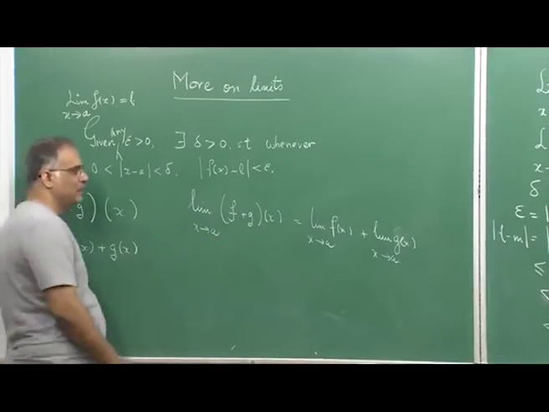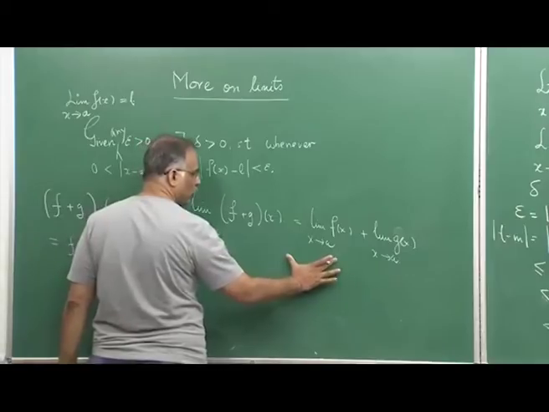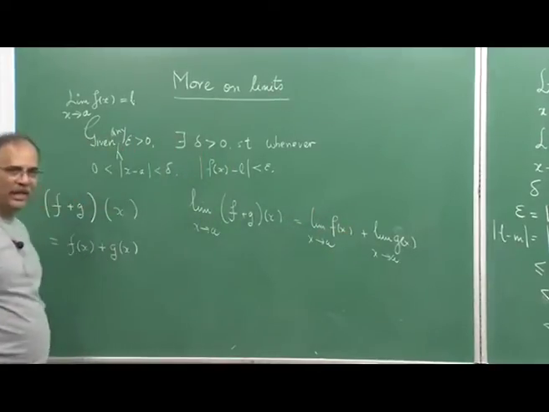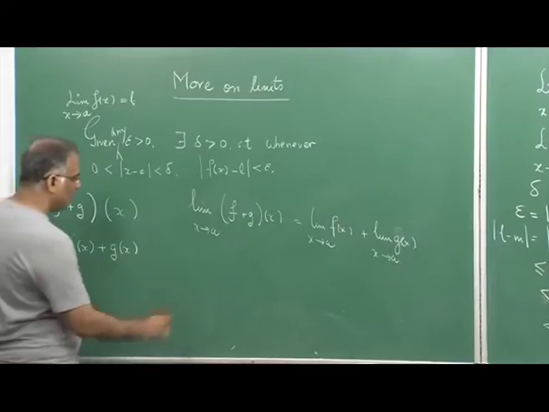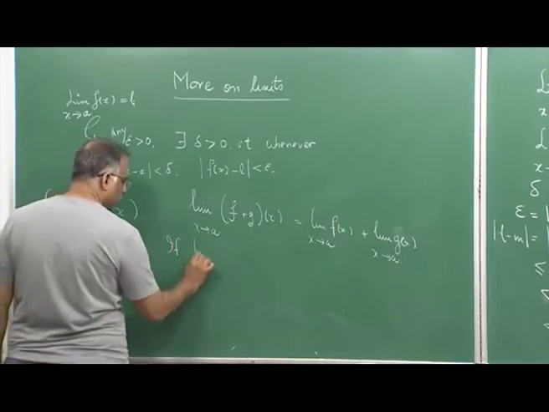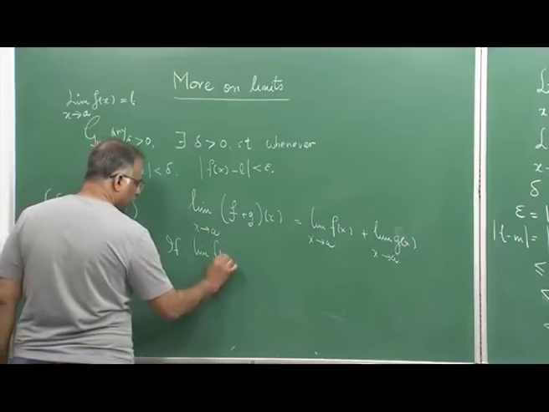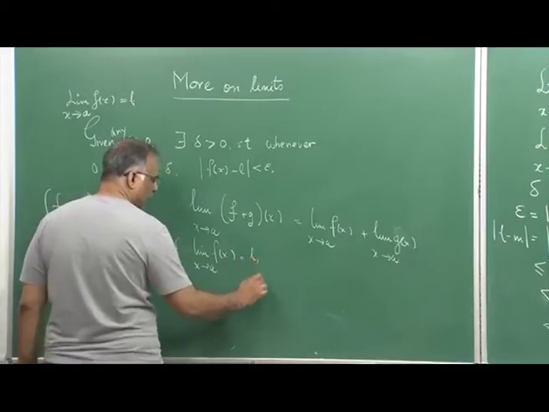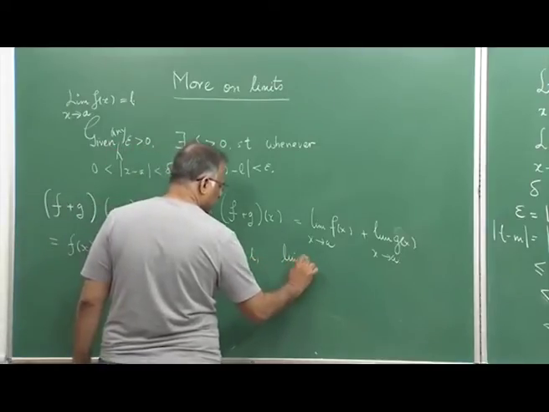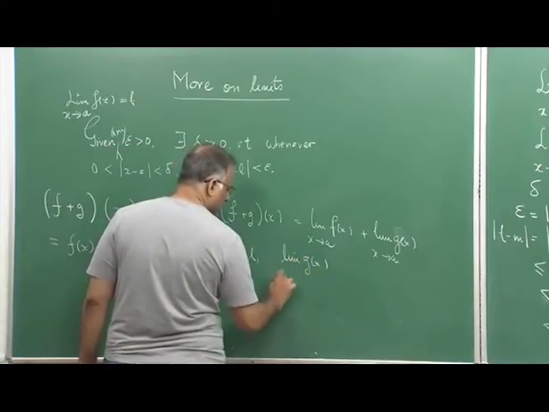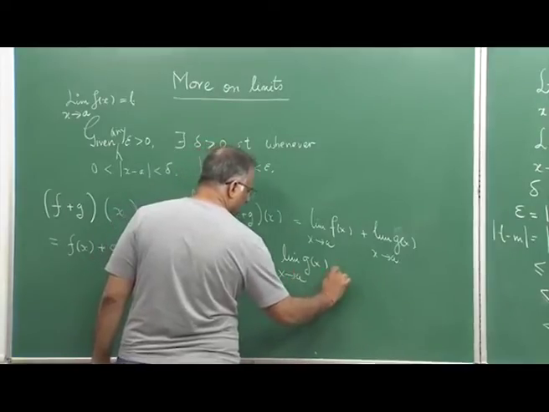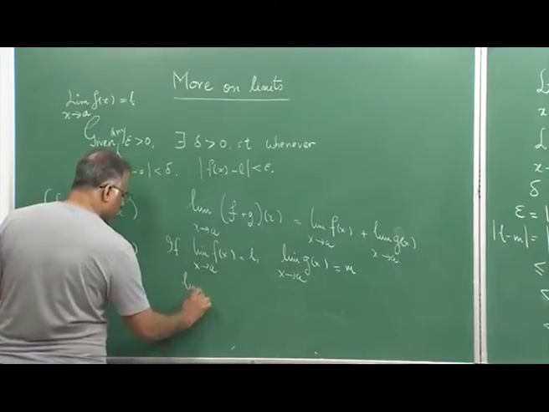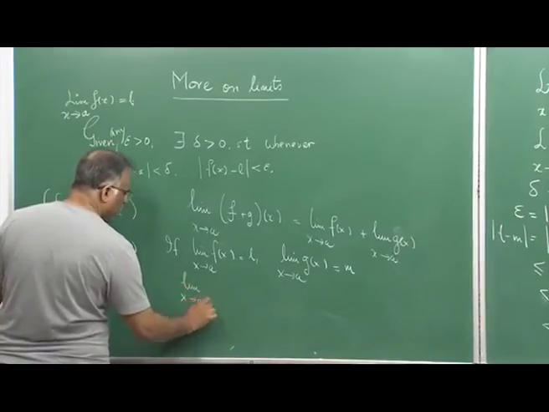Now, this is only true if the limit of g and limit of f exist. If the limit of f(x) as x tends to a is L and the limit of g(x) as x tends to a is M, then you would know that of course.